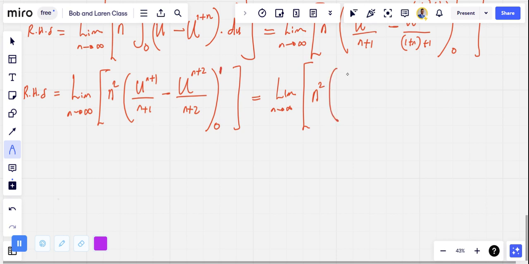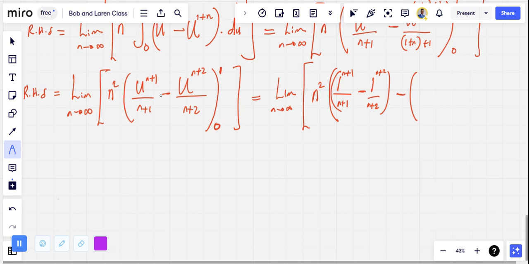When u is 1, I'll have 1 raised to the power of n plus 1 over n plus 1, right? Then minus, when u is 1, I will have 1 raised to the power of n plus 2 over n plus 2. So this is for the upper limit. Please take note. Minus, now let's take the one for the lower limit.